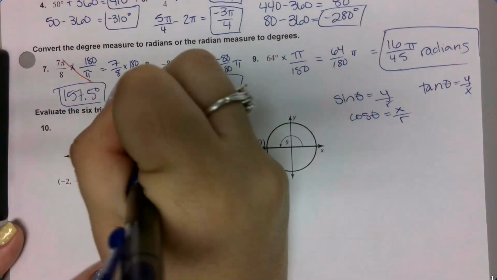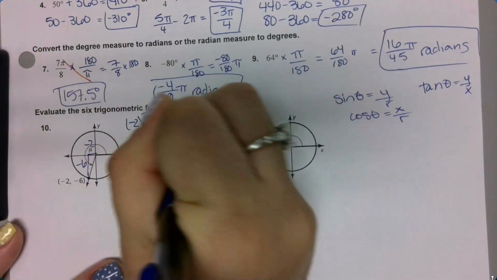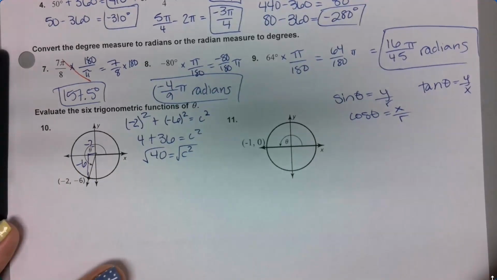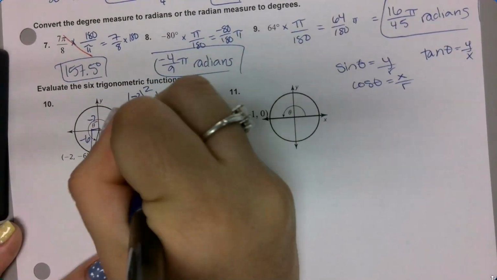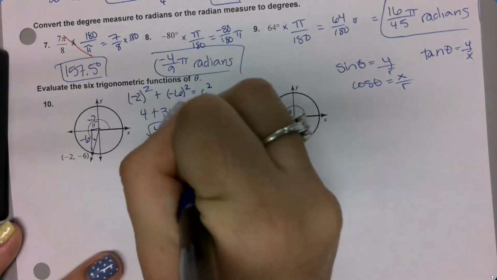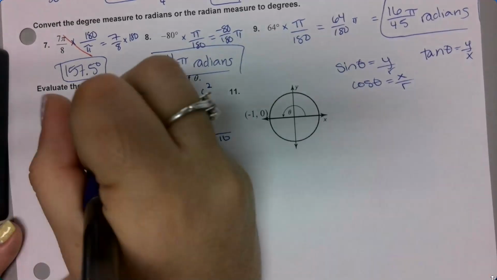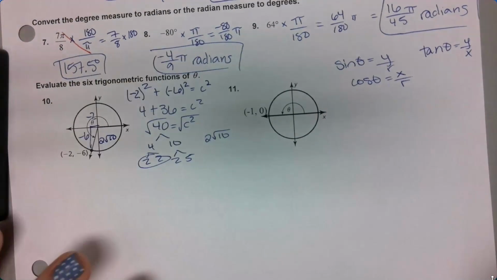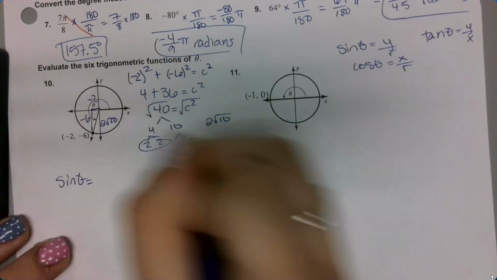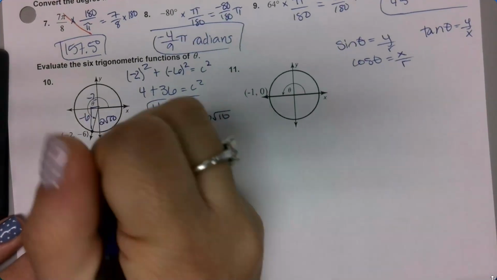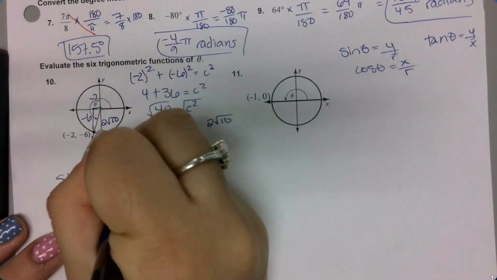So 4 plus 36 equals c squared, 40 equals c squared. Take the square root. This one I can factor tree into 4 and 10, which is 2 and 2, 2 and 5. I can pull out a 2, so this is 2 radical 10 for my hypotenuse. So then sine is going to be my y value over my hypotenuse, which is -6 over 2 square root of 10.